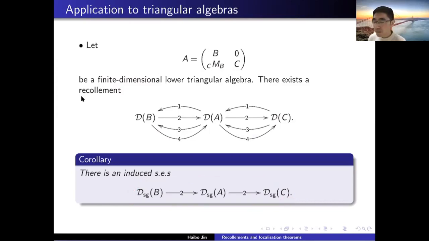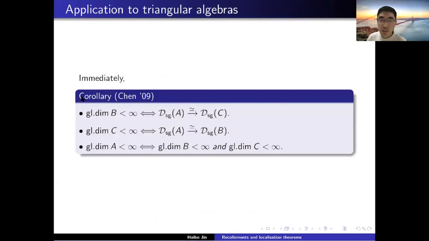singularity categories. And immediately, if this one is 0, meaning the global dimension of B is finite, then this map is a triangle equivalence. Or if this one is 0, then this is an equivalence. Or if D_sg(A) is 0, then it tells us B and C must be 0. So immediately we have, if the global dimension of B is finite, then we get an equivalence.